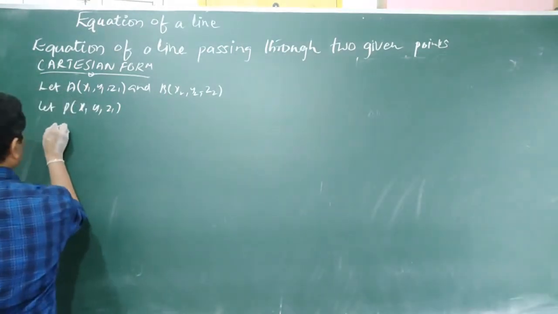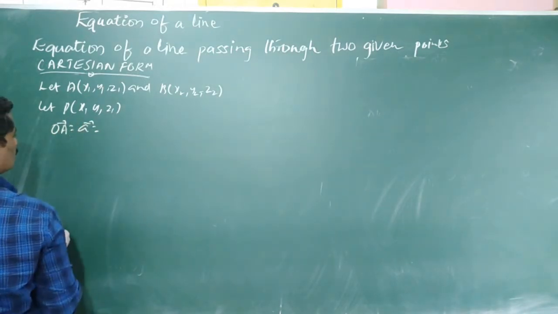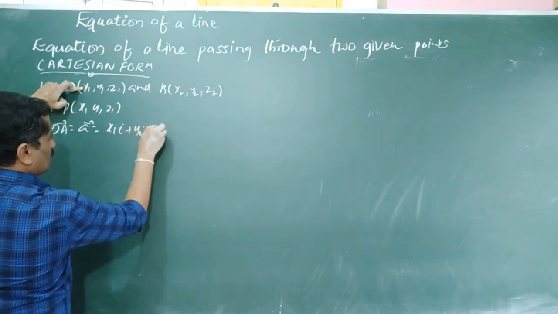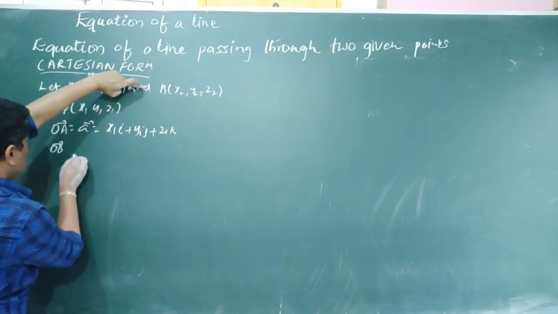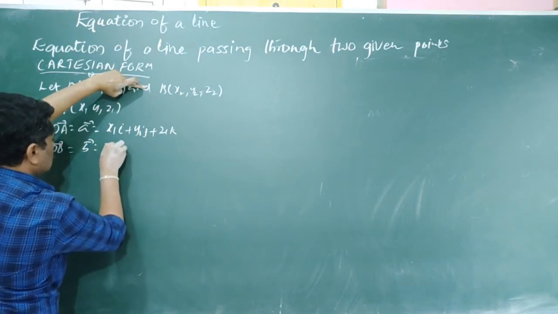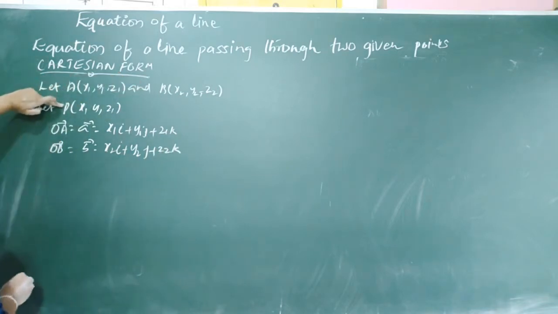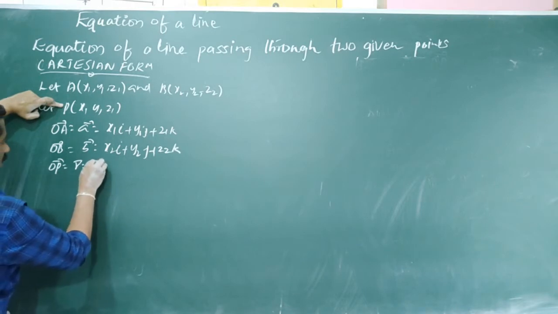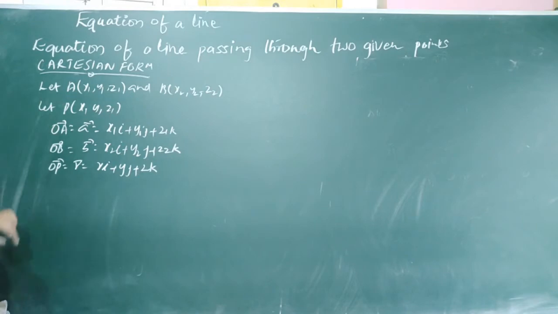Therefore OA bar is equal to A bar is equal to x1i plus y1j plus z1k. OB bar is equal to B bar is equal to x2i plus y2j plus z2k, and OP bar is equal to R bar is equal to xi plus yj plus zk.